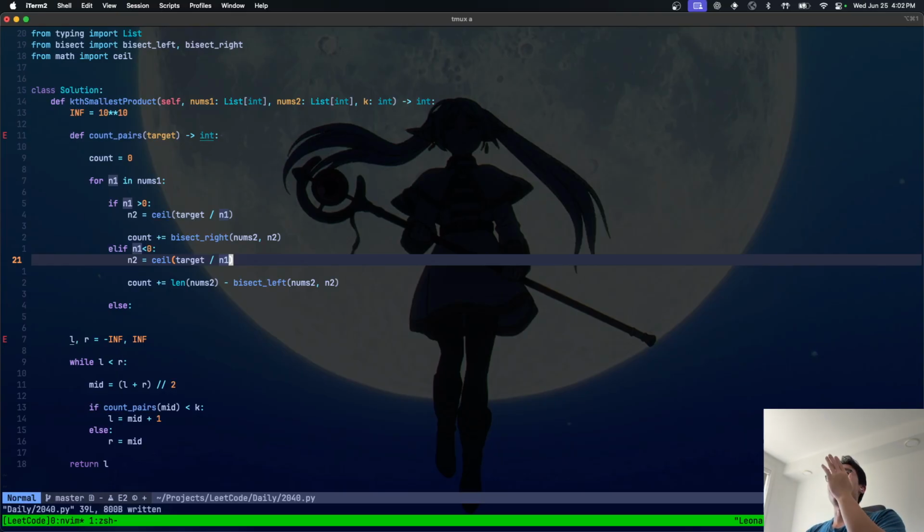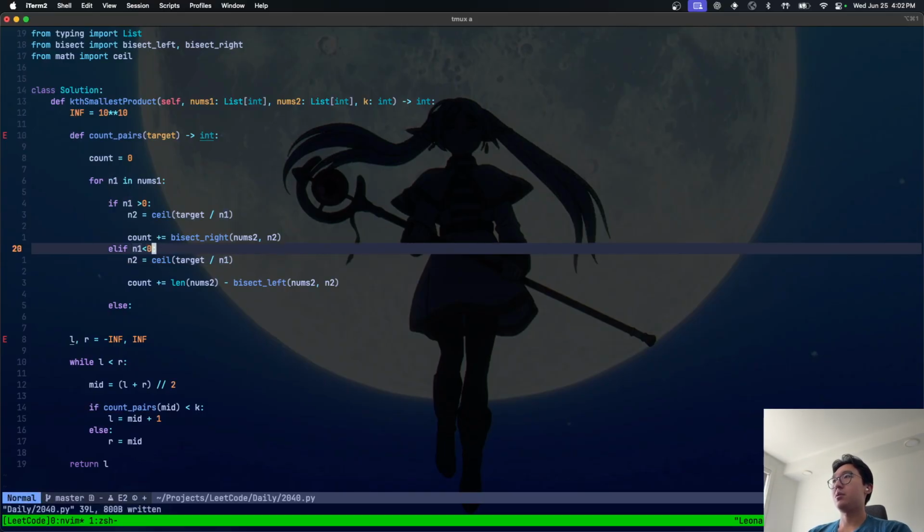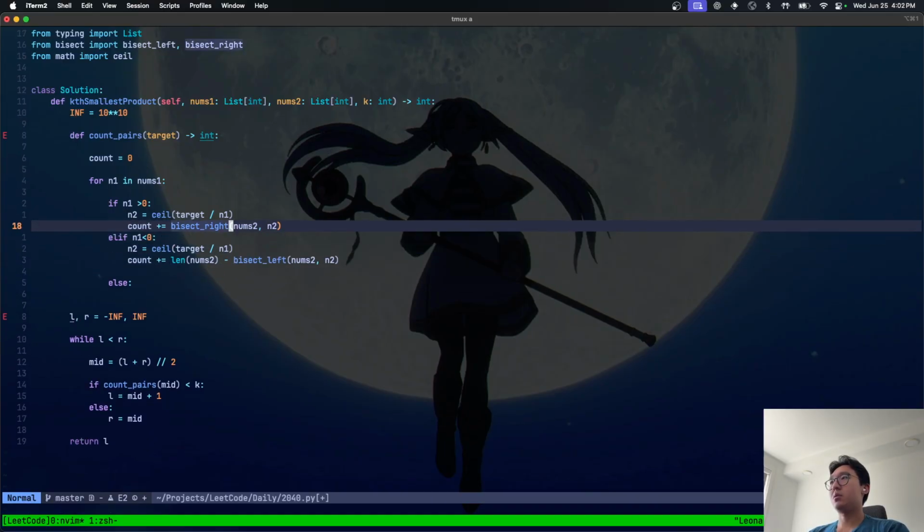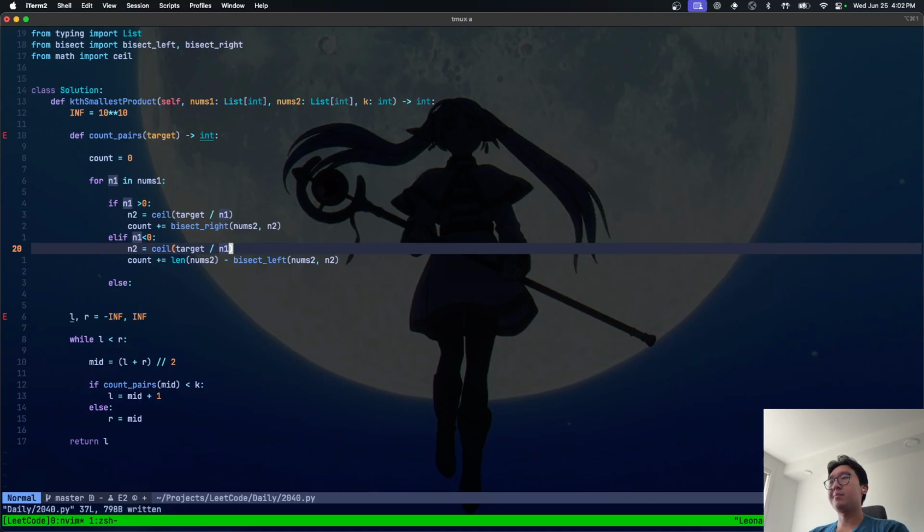Because in the right side part, I can go here, and when we take the ceiling, that's not going to be good, right? Maybe we don't. Do we actually need the ceiling of this?